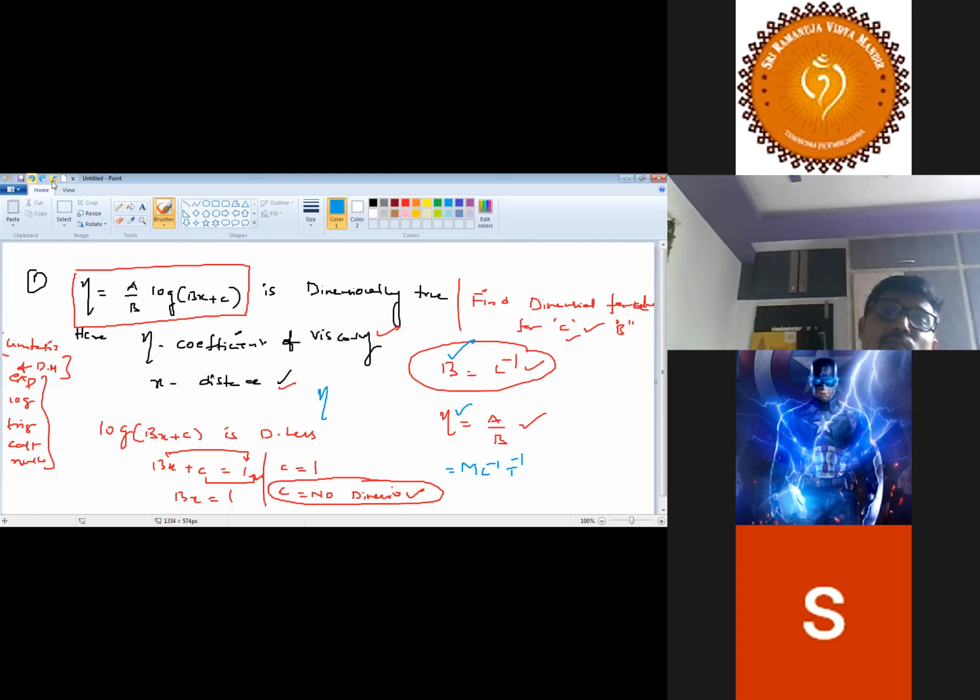What is the coefficient of viscosity formula? F is equal to minus eta A into dV by dz. This is the formula. F, the viscous force, is equal to eta A dV by dz. Okay, right guys? If you solve this, you get M L power minus 1 T power minus 2.